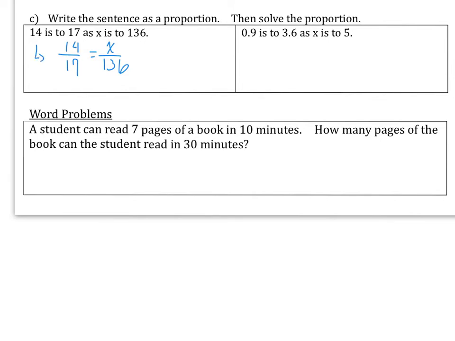And for this problem, I can simplify 17 and 136. And now I can cross multiply. X times 1 is x. 14 times 8 is equal to 112.